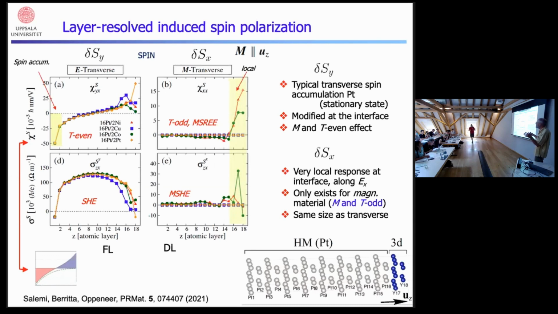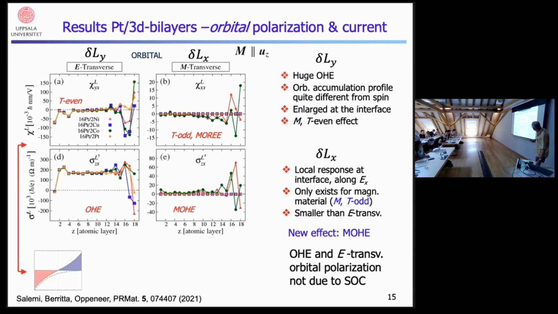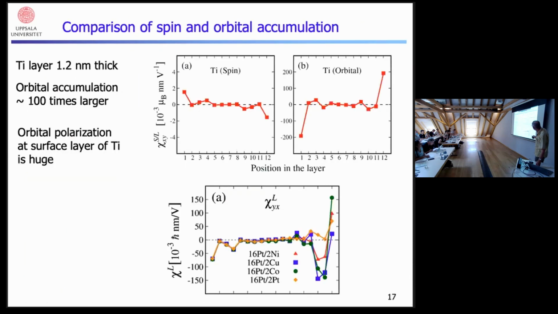It is extended and it goes to 0 in the middle of these 18 layers of platinum. But here, the orbital accumulation is much more concentrated at the surface. And that is something to take into account in the future.